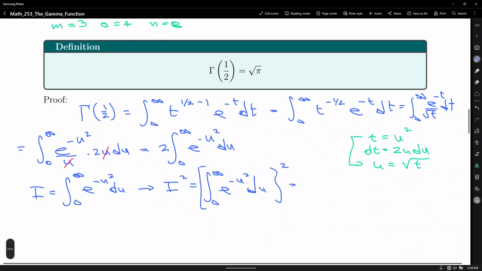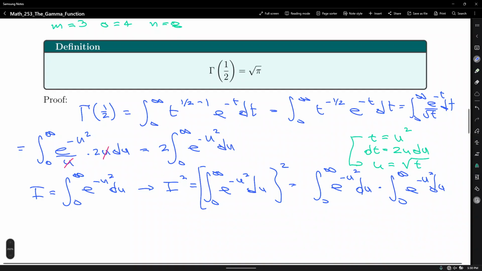Do you guys agree that this would be the same as the integral from 0 to infinity of e to the negative u squared du times itself, times the integral from 0 to infinity of e to the negative u squared du? We're squaring a quantity, which is the product of the quantity with itself.